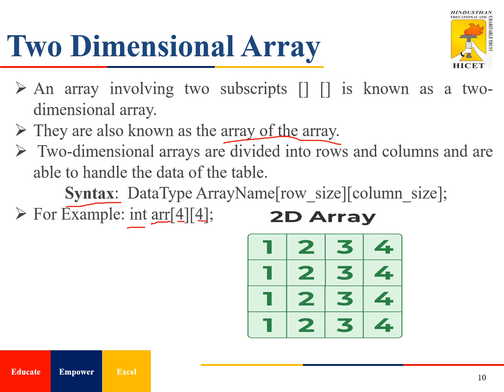The 2D representation has 4 rows and 4 columns. So this is the pictorial representation of a two-dimensional array.